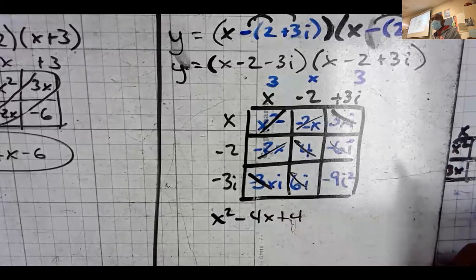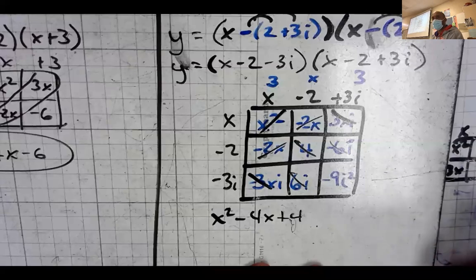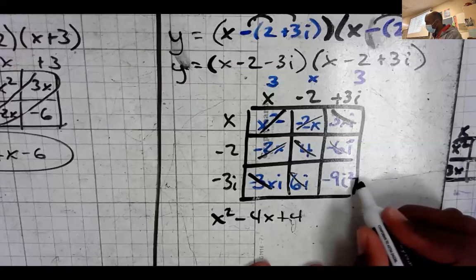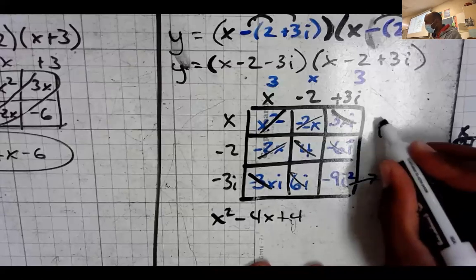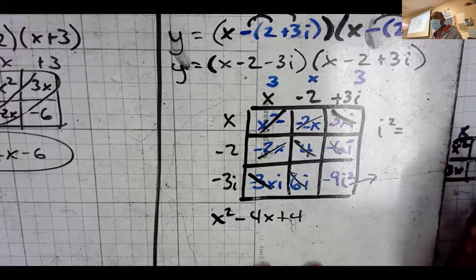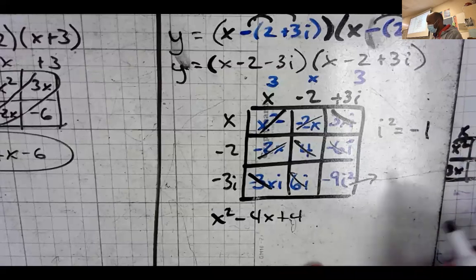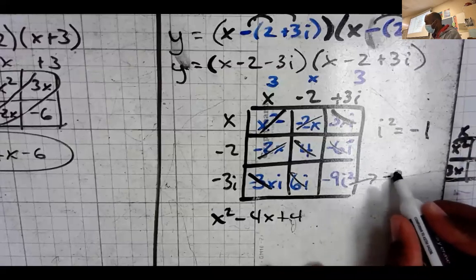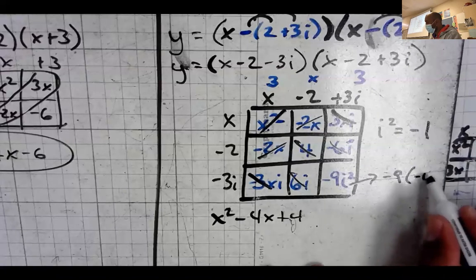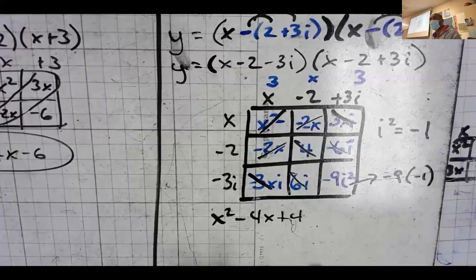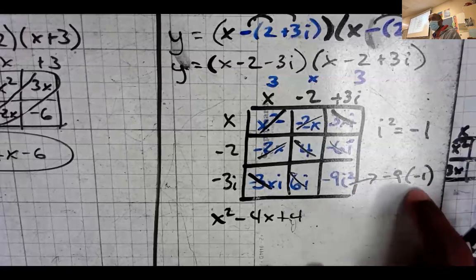Now this one, before I write it down here, remember, what does i squared equal? Negative 1. So that means that this is negative 9 times negative 1, because I have i squared, and it's equal to negative 1.